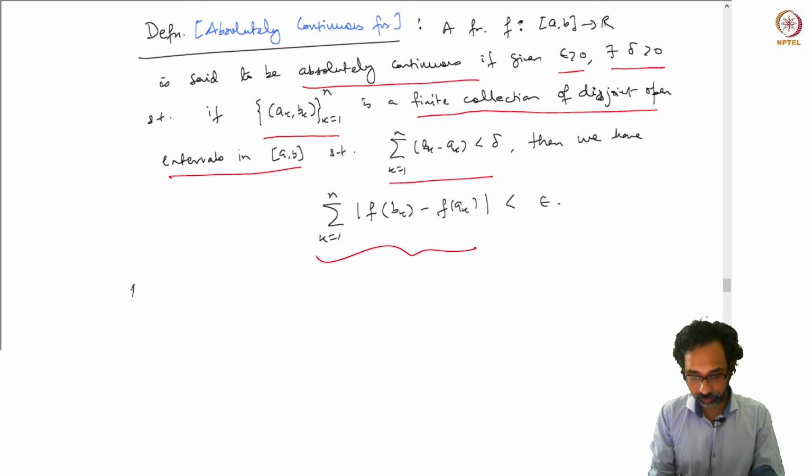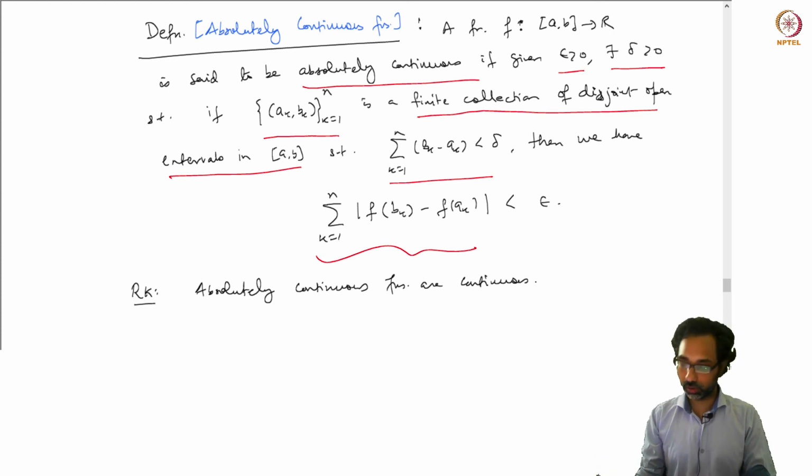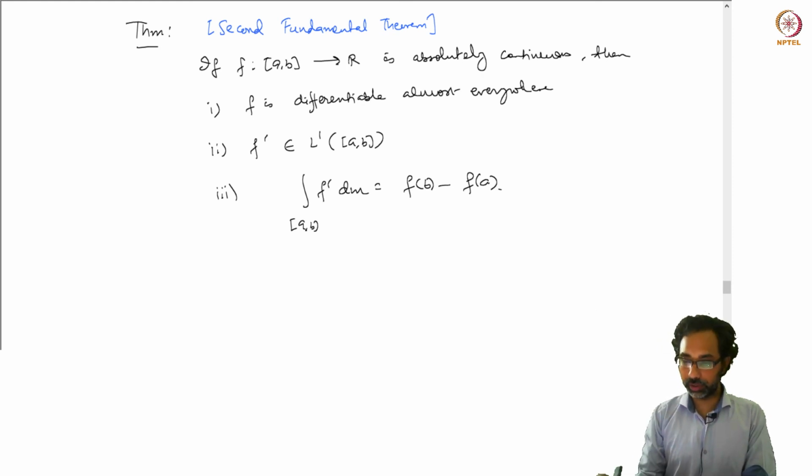Now note that absolutely continuous functions are continuous and in fact uniformly continuous on [a,b], and the point is that for absolutely continuous functions the analog of the second fundamental theorem of calculus holds for the Lebesgue integral.